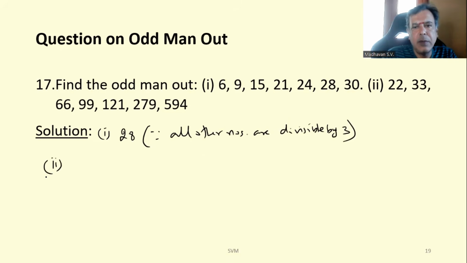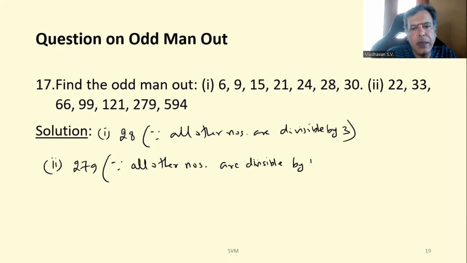Second part: 22, 33, 66, 99, 121, 279, 594. Again, you may notice here, except for 279, the rest of the numbers are divisible by 11. All other numbers are divisible by 11. So that is the solution.